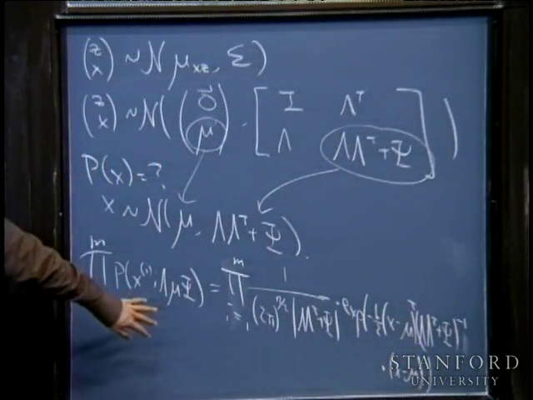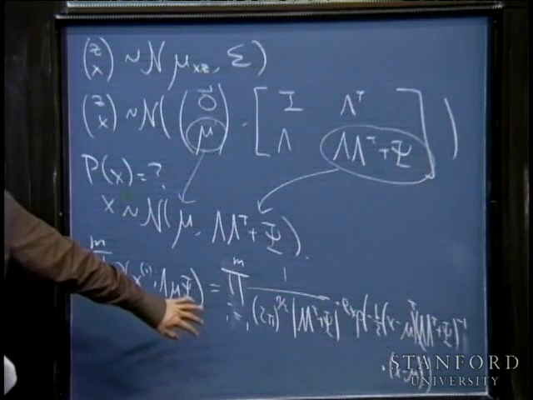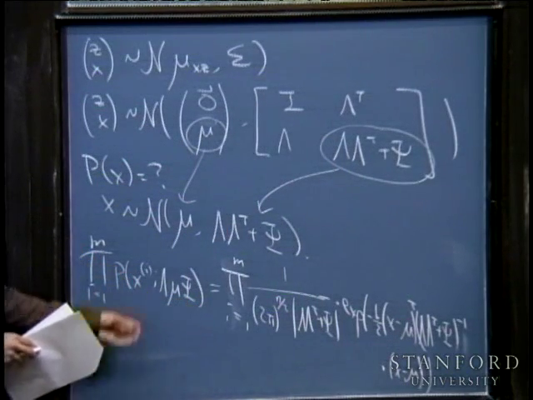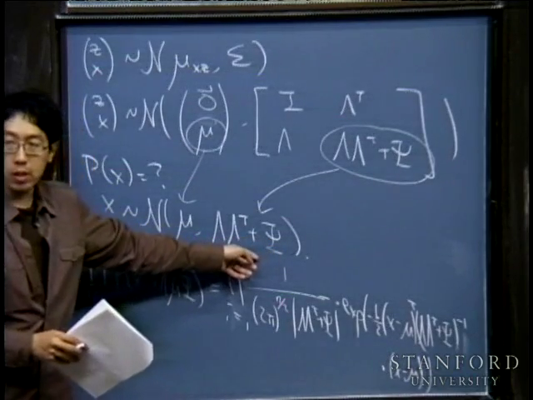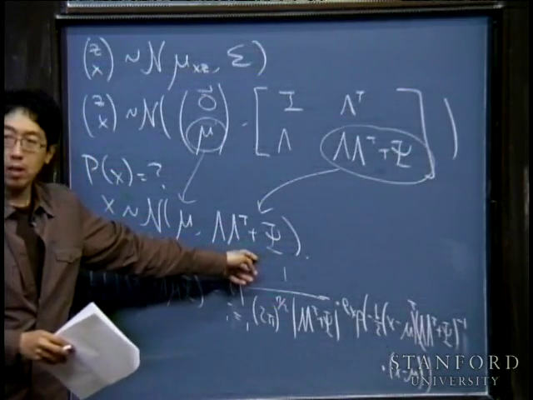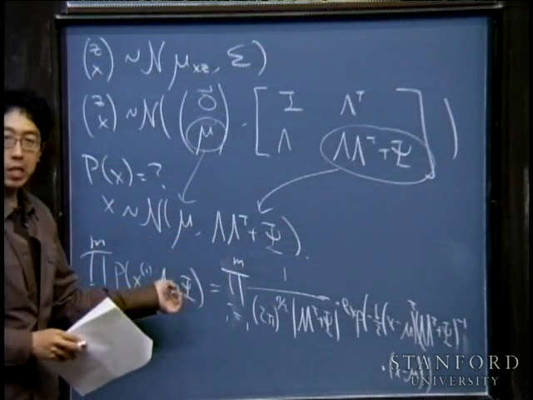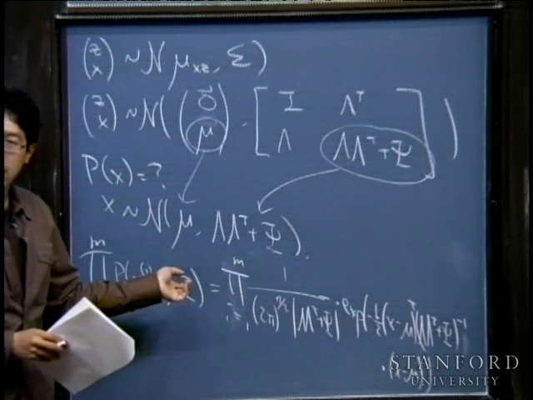So that's my formula for the density of a Gaussian that has mean mu and covariance lambda lambda transpose plus psi. Okay? So this is my likelihood of the parameters given a training set.